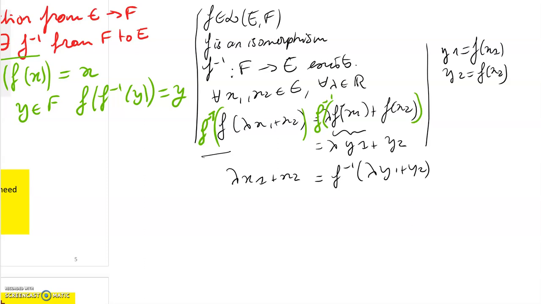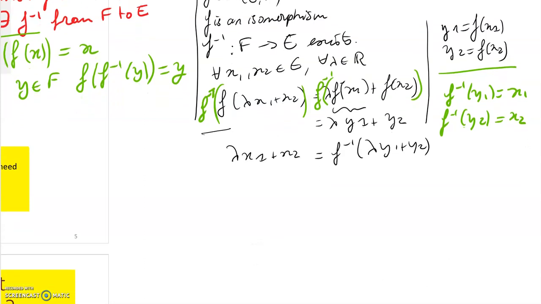But we also know that this is what we had, so I can also rewrite it with f^-1. We can also say that f^-1 of y1 is equal to x1 and f^-1 of y2 is equal to x2. So the next thing we can get is that lambda times x1 can be written as lambda times f^-1 of y1, and x2 can be written as f^-1 of y2.